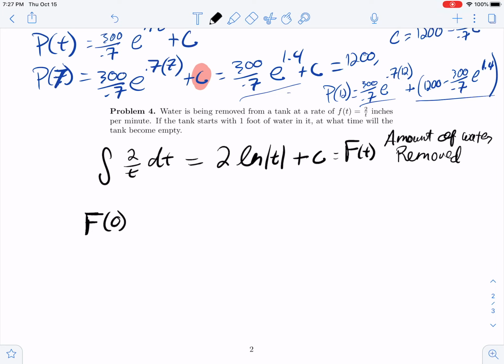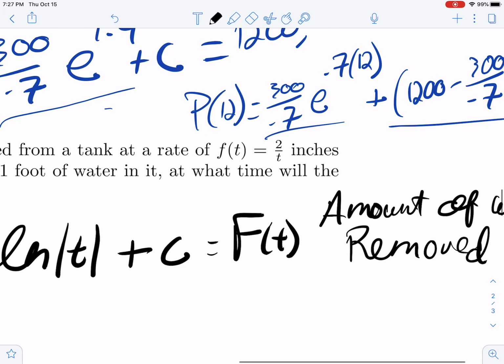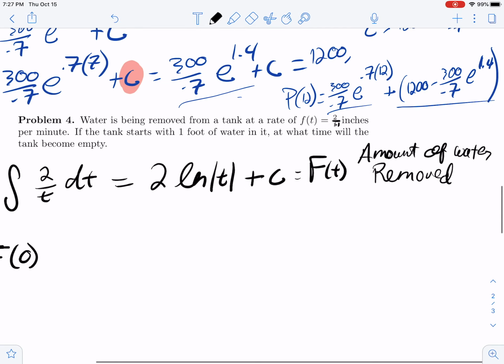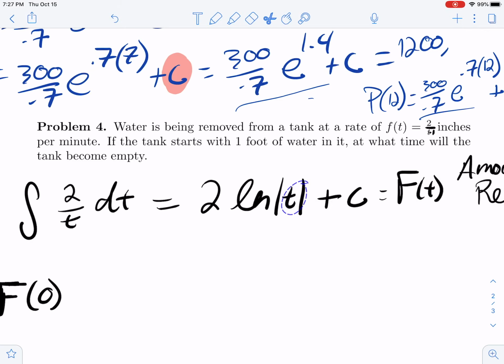Well, this is a bad question. Let's make this t minus 1. We get some undefined stuff going on here, which will put a t minus 1 in here, and this will be a t minus 1 over here.